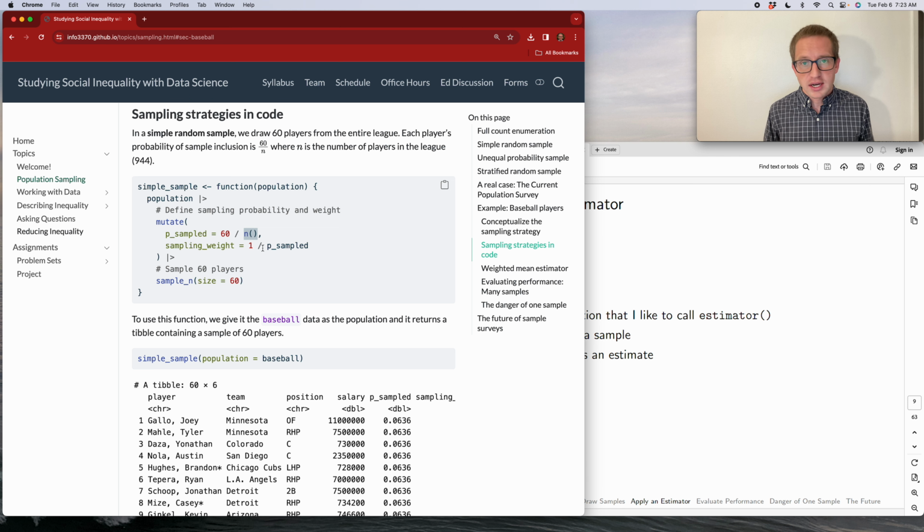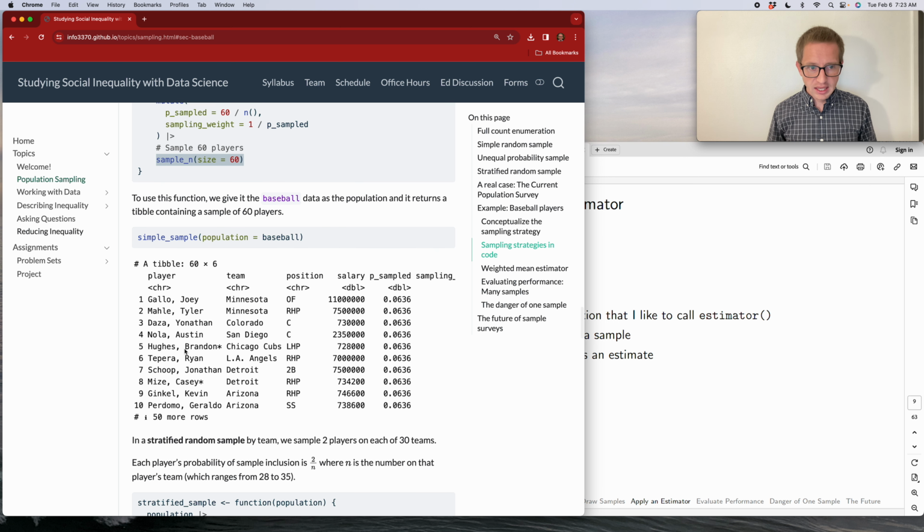And so the sampling weight on each person is going to be 1 divided by the probability that that player is sampled. Then here I'm using sample n to sample 60 players. So here we say we have this big data frame, and sample n tells R, please take a random sample of size 60. So when we call this function, we pass our population data frame into the function, and we get out a data frame of a sample with 60 players.